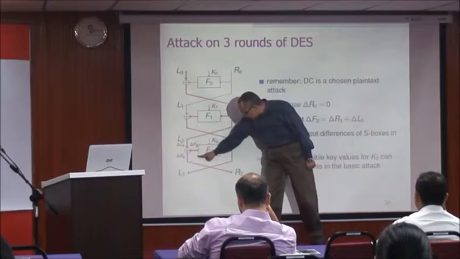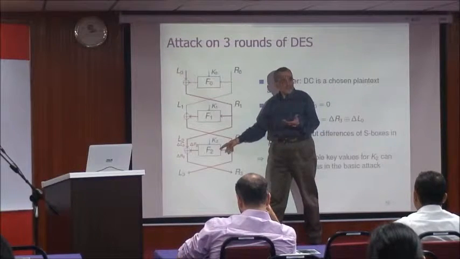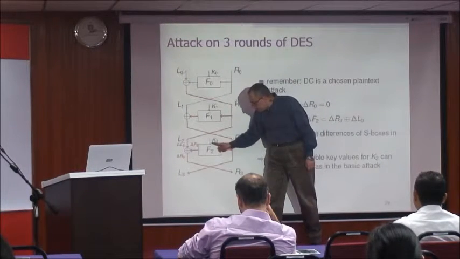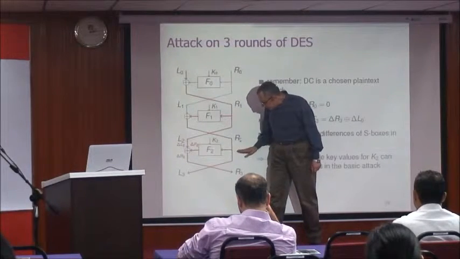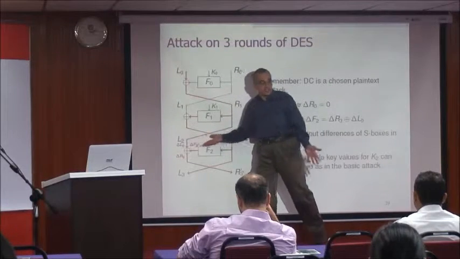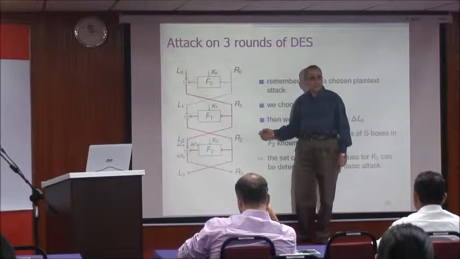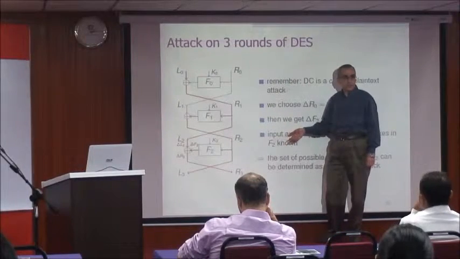So basically now, this is the example we started with. This is the very first example where I have a substitution function, and I observe the input difference coming in and the output difference coming out, and then I can determine the key for this function. So basically this is a differential attack on a 3-round reduced version of DES.